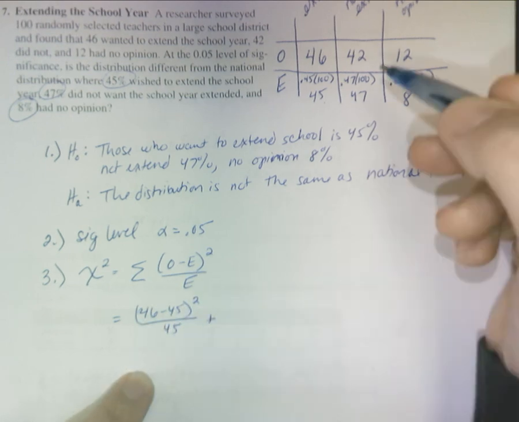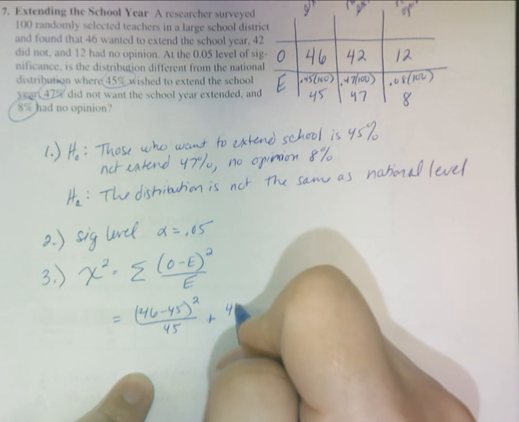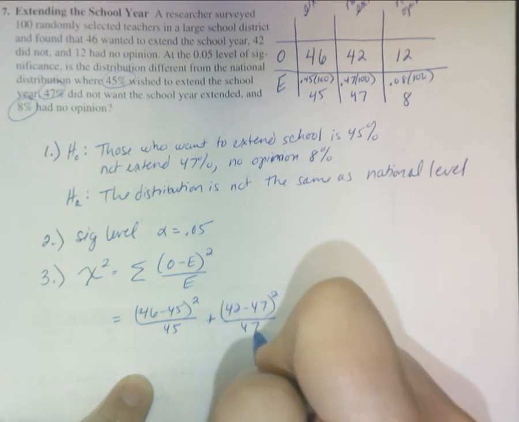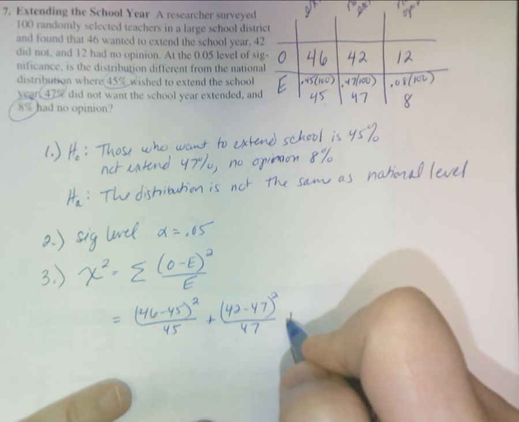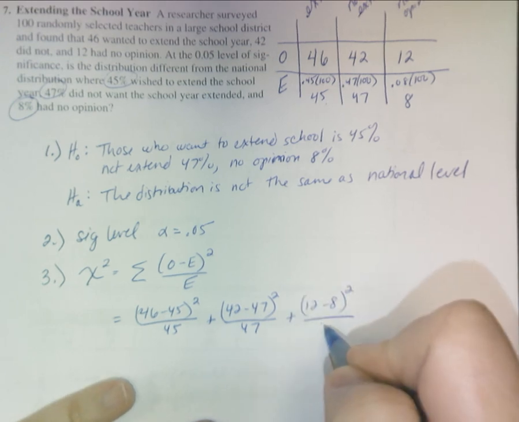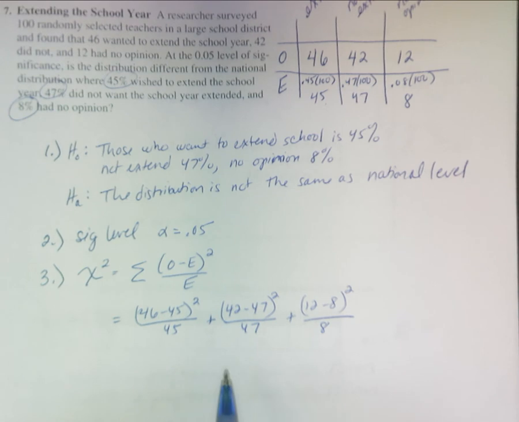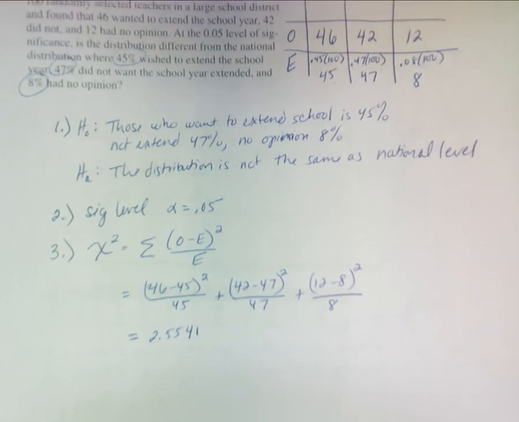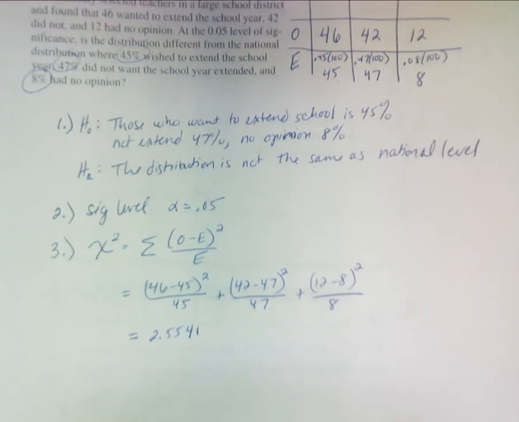Add that to (42 minus 47) squared over 47, and add (12 minus 8) squared over 8. Calculate these, and I got about 2.5541. I went a little crazy and added extra decimals, but the more decimals you add, the more accurate you are.